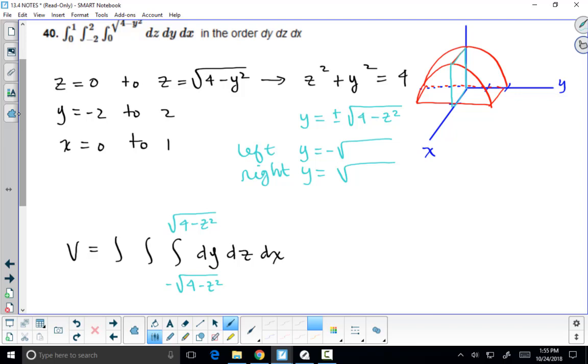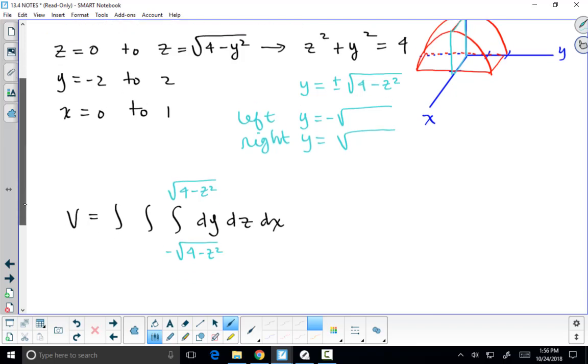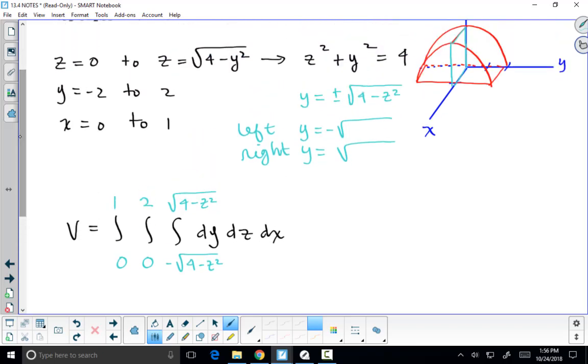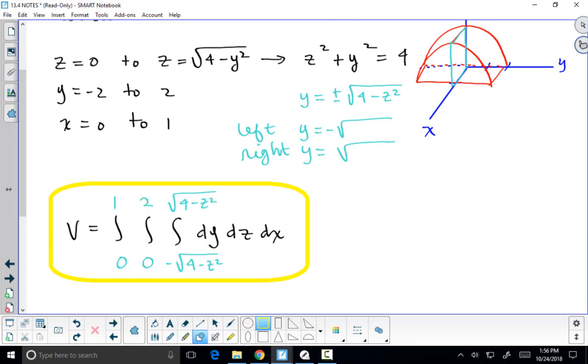So we have to figure out what that rectangle is. That's easy. 0 to 1 in this direction, 0 to 2 in that direction. So 0 to 2 goes in the z direction, and x 0 to 1. They didn't ask us to evaluate it, they just asked us to switch the limits.